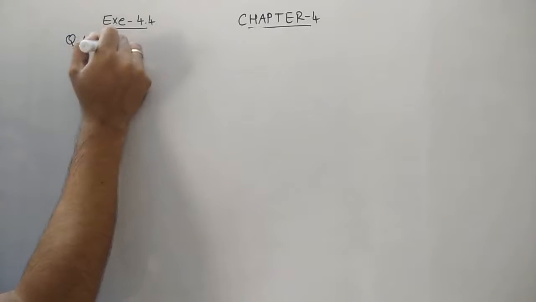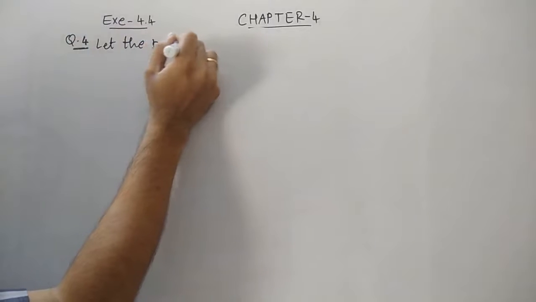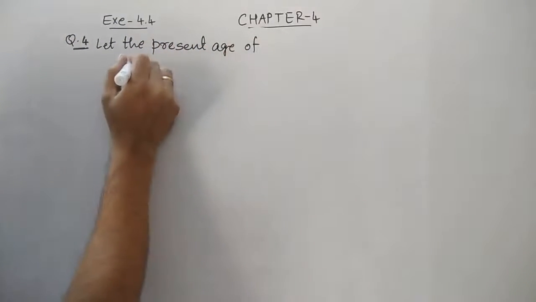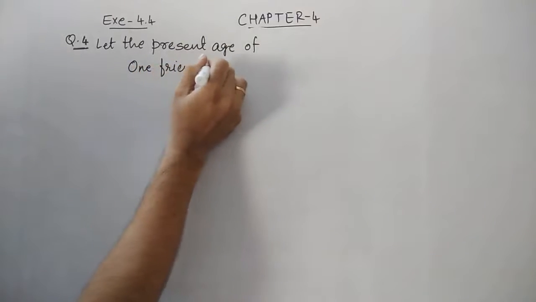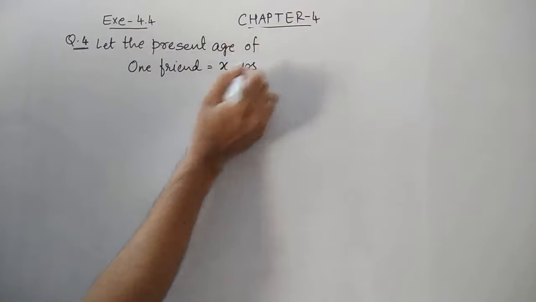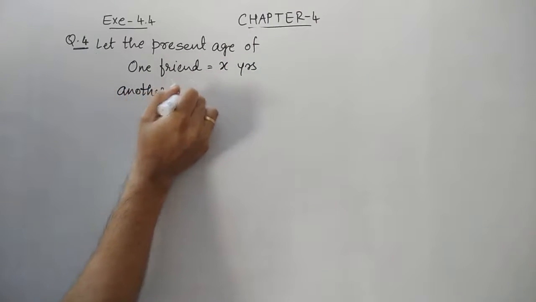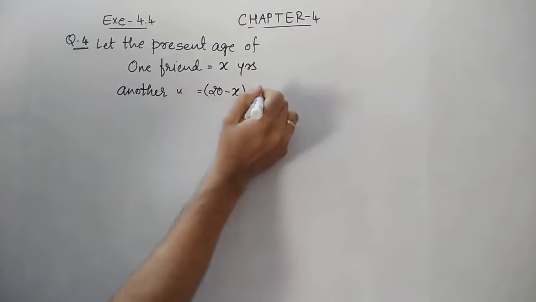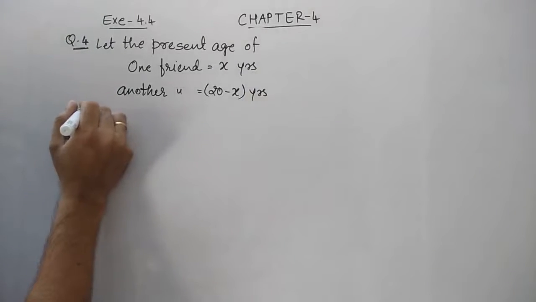So let us suppose the present ages of the two friends. One friend is x years. Second, or we can say another friend, as the sum is 20, must be 20 minus x. Now the product of the ages but 4 years ago. So let's find out both the ages before 4 years.